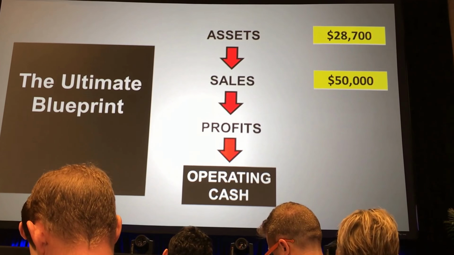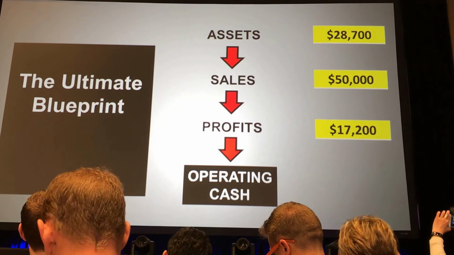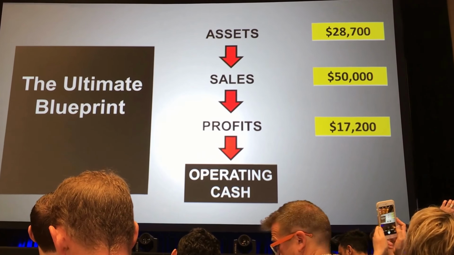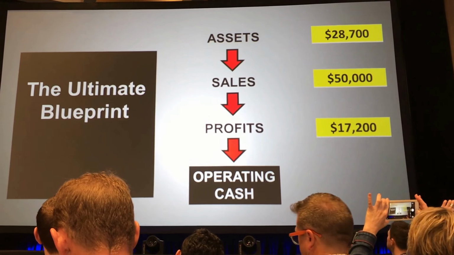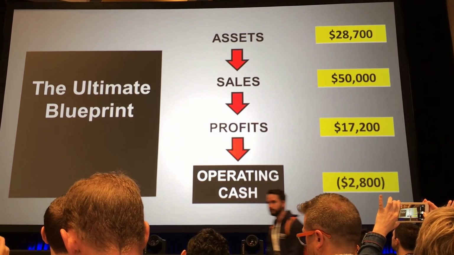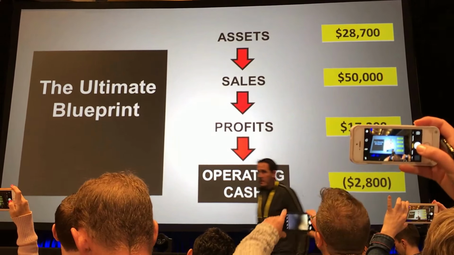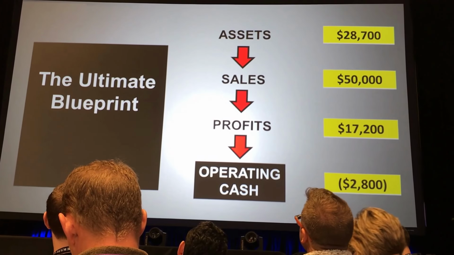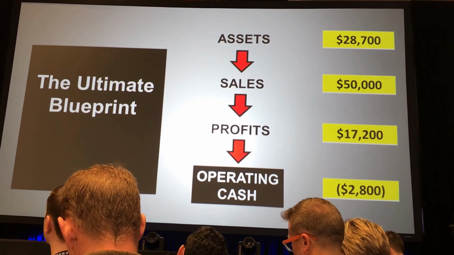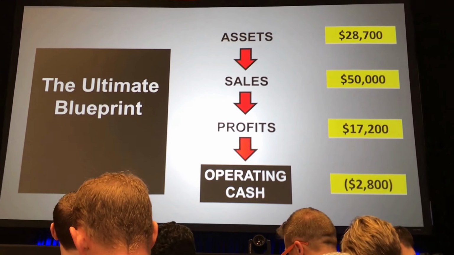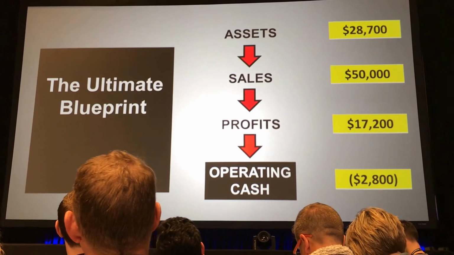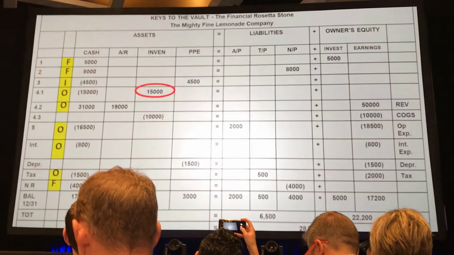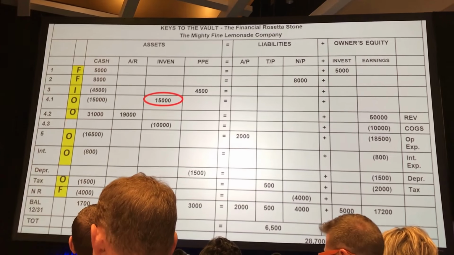I converted that $50,000 of revenue into $17,200 of theoretical profits, and I promptly turned that $17,200 of theoretical profits into a real live cash out of the bank loss of $2,800. Something's wrong. If this business stays in this condition, it will die, because there's a limit to how much money a business can borrow. Let's see where the problems are.